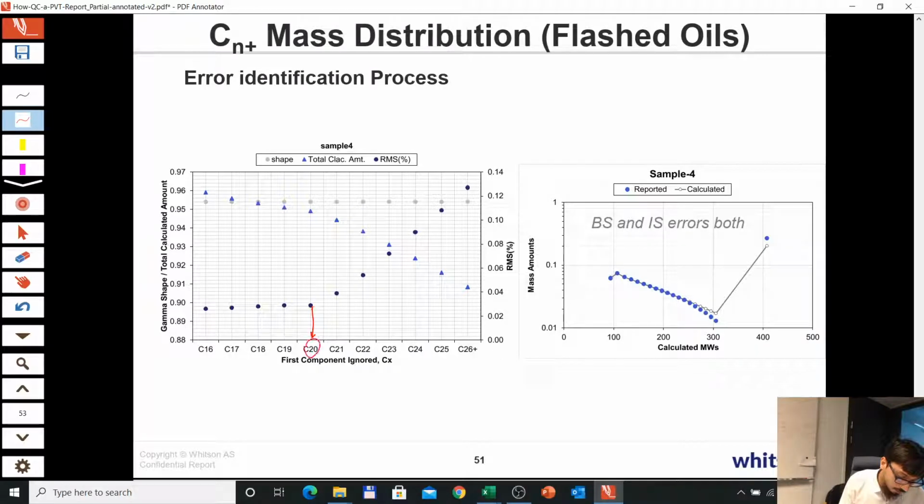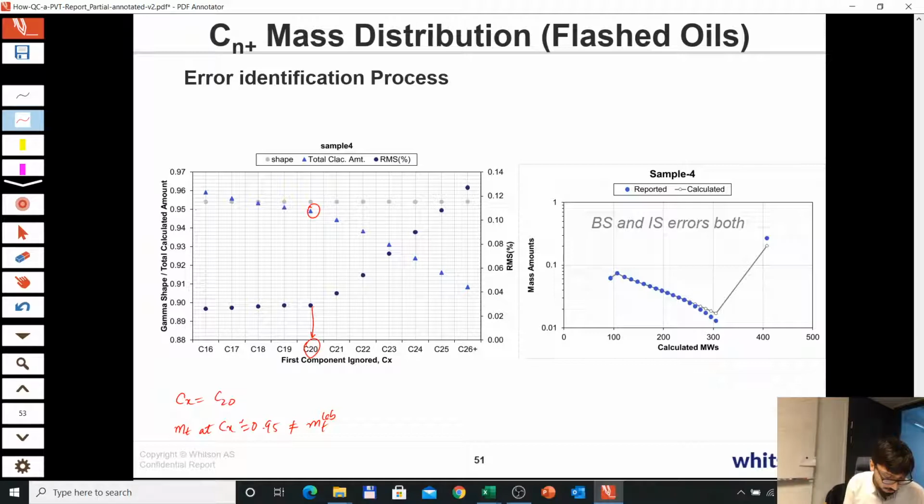So that's our C20, that's our CX. So CX is equal to C20, and MT at CX is, go here, about 0.95, which is not equal to the MT lab value, which should be 1.